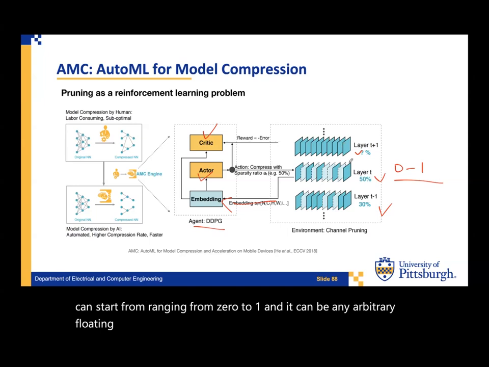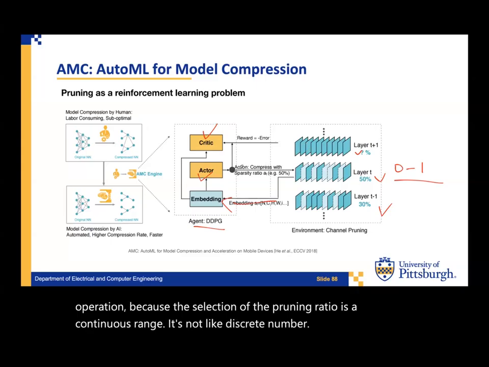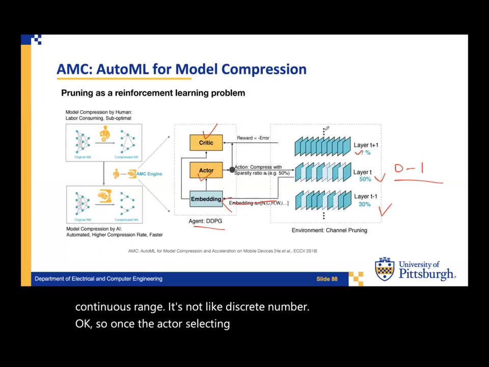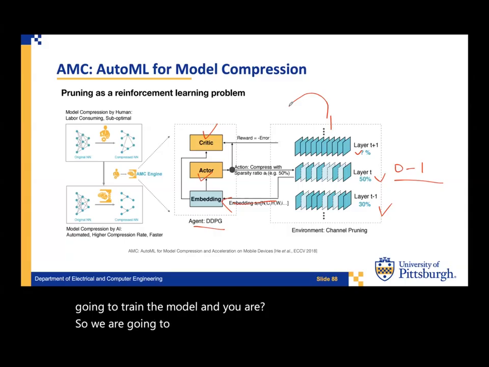That's why we call this a continuous action, because the selection of the pruning ratio is a continuous range, not a discrete number. Once the actor selects a pruning ratio, we are going to train the model.